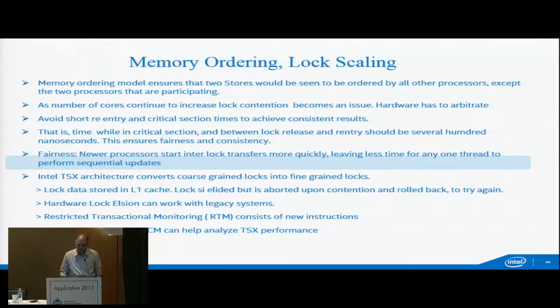Let's quickly go to memory ordering and lock scaling. Just one point that I wanted to make in memory ordering, something that was not clear, is the fact that two stores would be seen to be ordered. Let's say you have 5 cores or 10 cores, and two of them are in an exchange, in the process of loading.